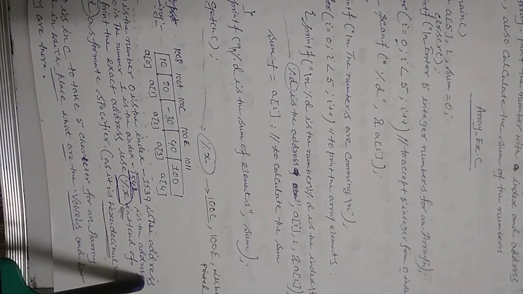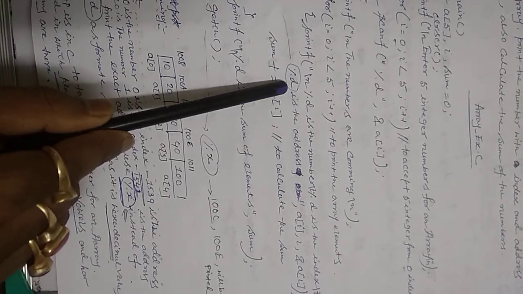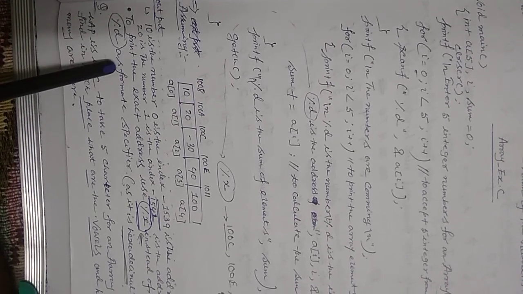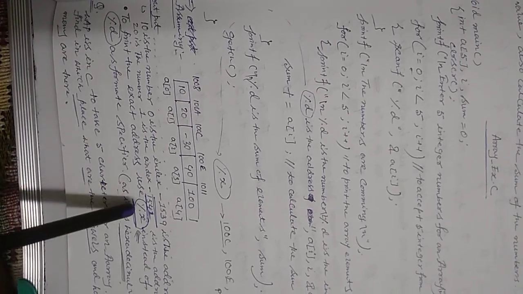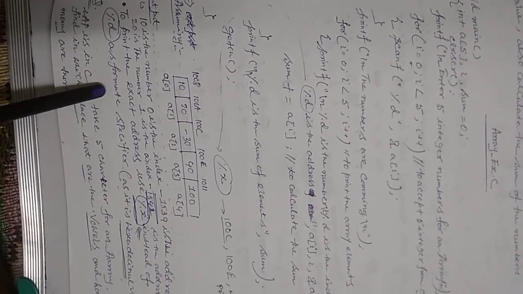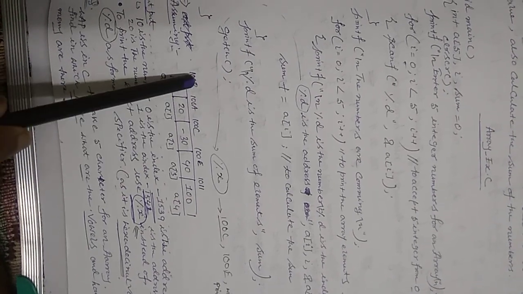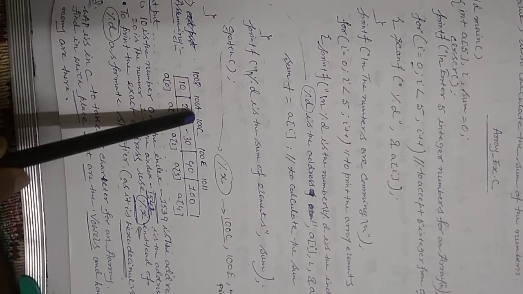Why is the address printed as -1539? Because we have used %d as the format specifier. We know that addresses are hexadecimal. To print that we need to take the help of %x. Then the actual 1008, 100a, 100c will be printed.